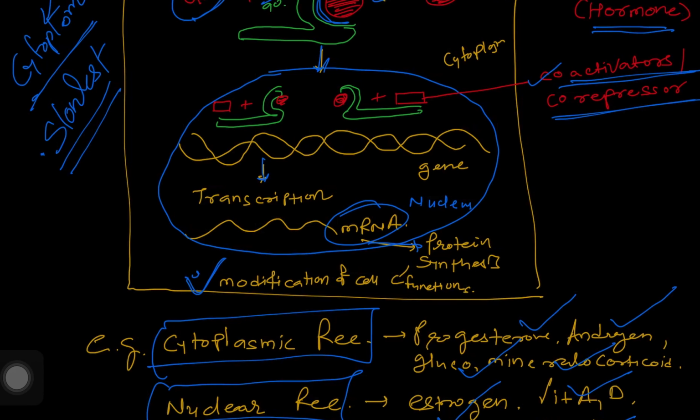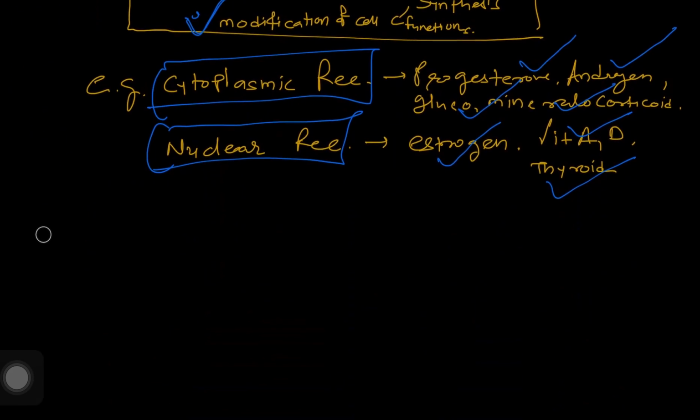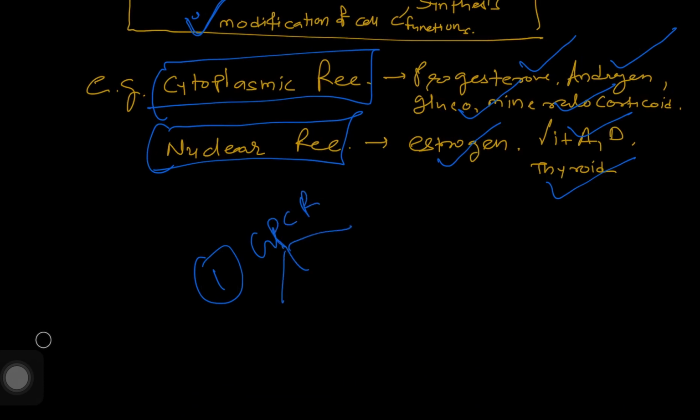So now we have seen all these four types of receptors. The first was G protein coupled receptors, which have three different pathways: the adenyl cyclase cyclic AMP system, second the IP3 DAG system, and third ion channel regulation.